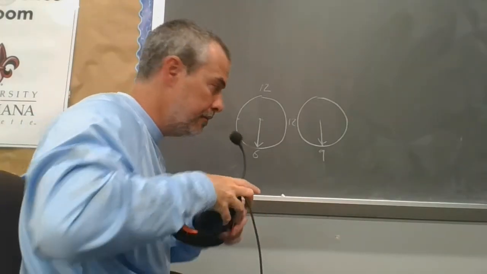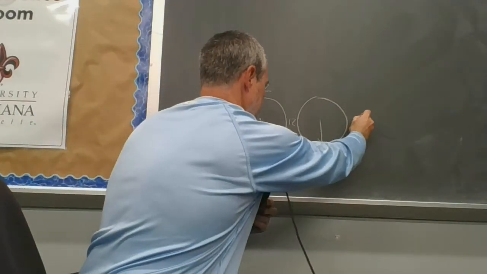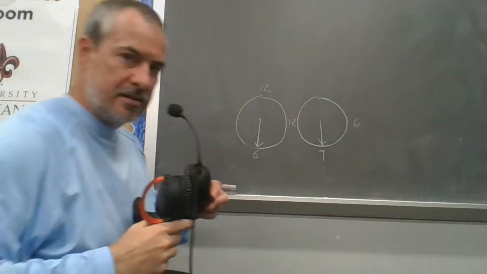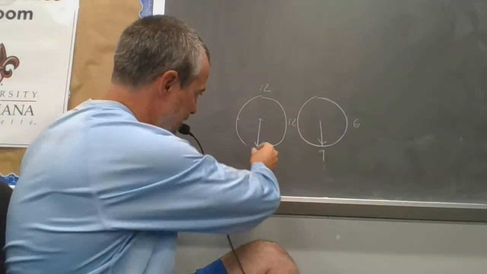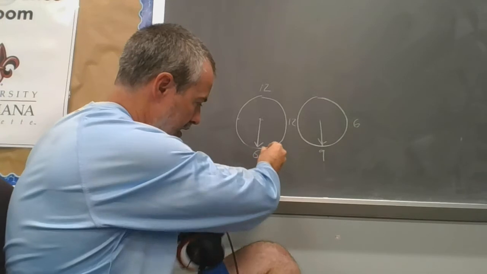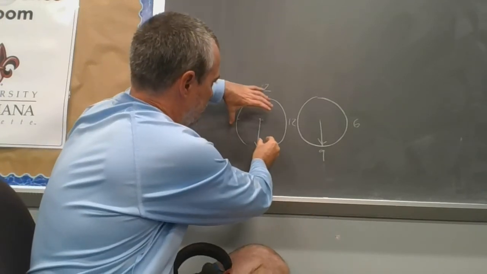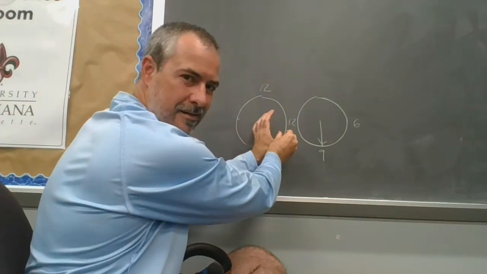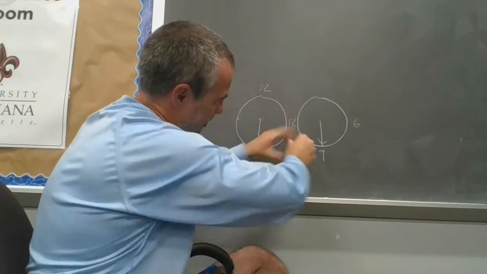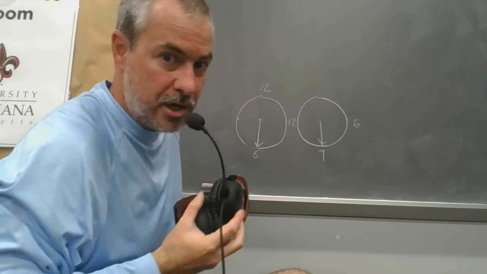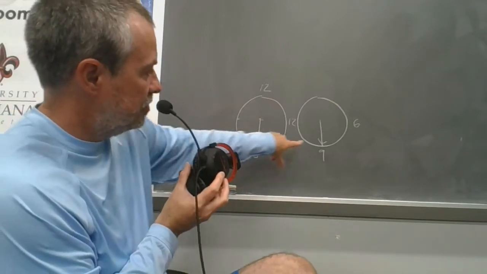You got to follow me here. So in this example, what I did is I fixed the clock hand and I rotated the clock. And I still got the same change. It went from 6 to 9.